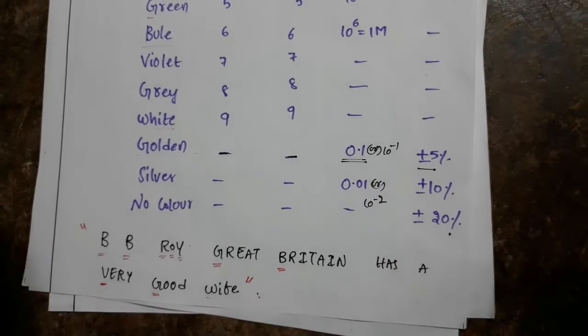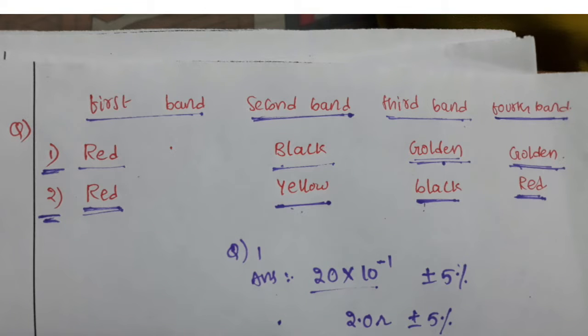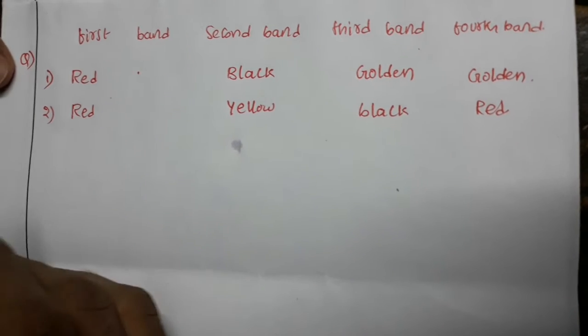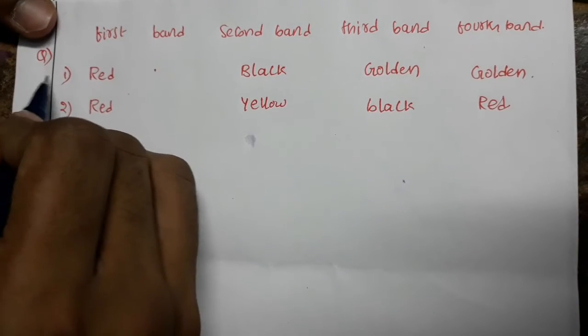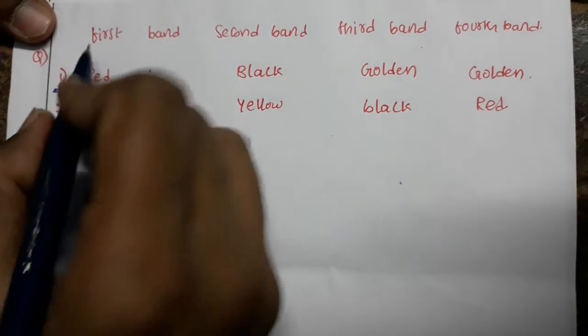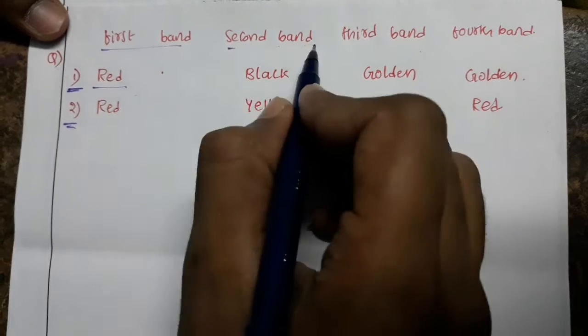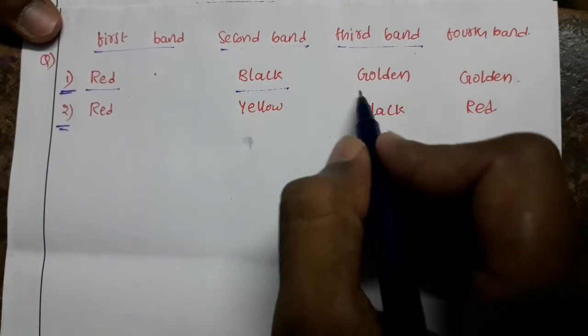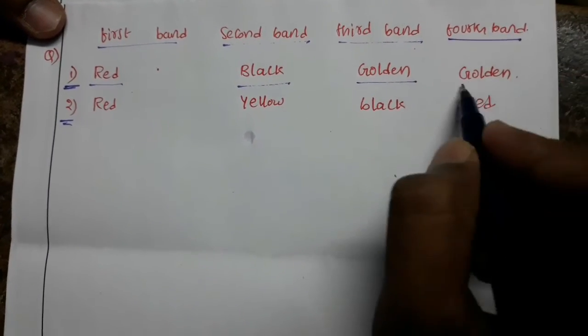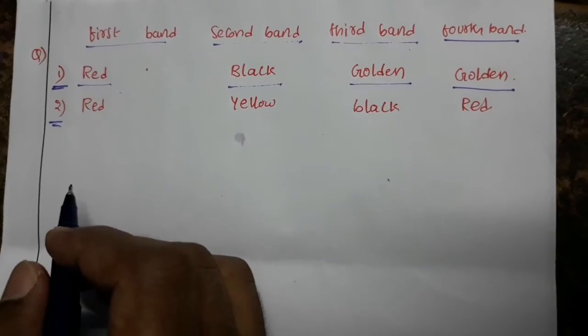Coming to the problems. Friends, this is question 1 and this is question 2. For question 1, the first band is red, the second band is black, the third band is golden, and the fourth band is golden.